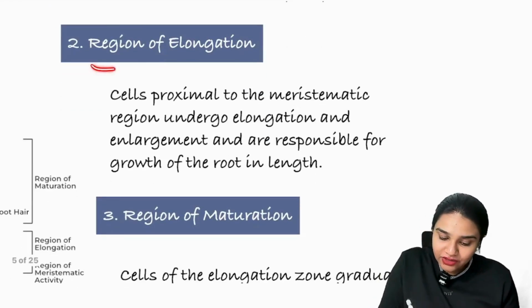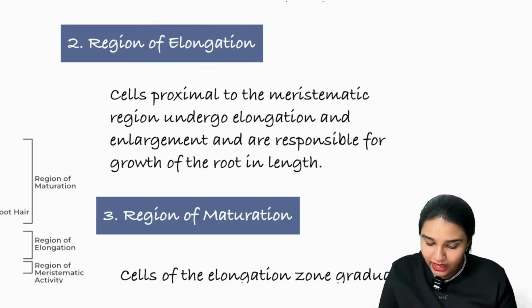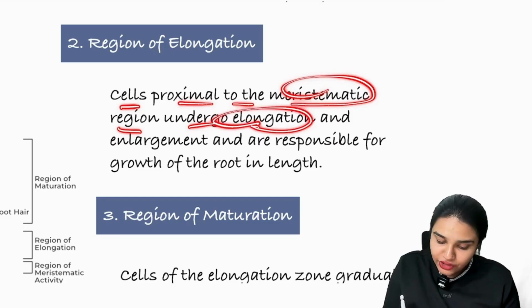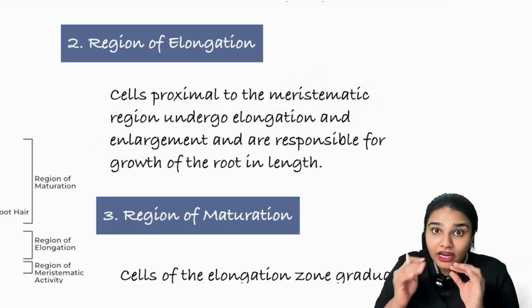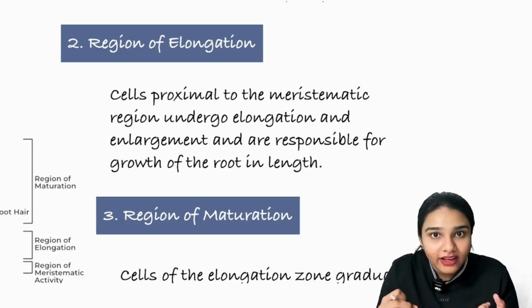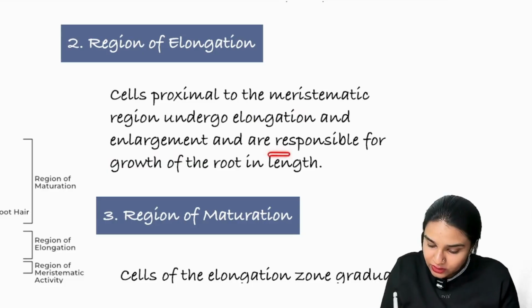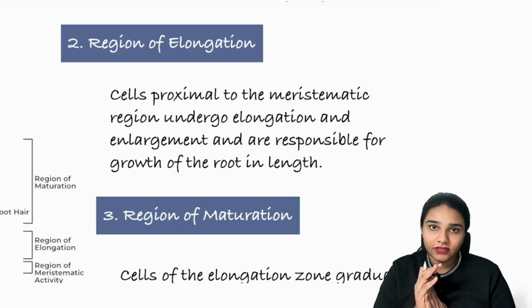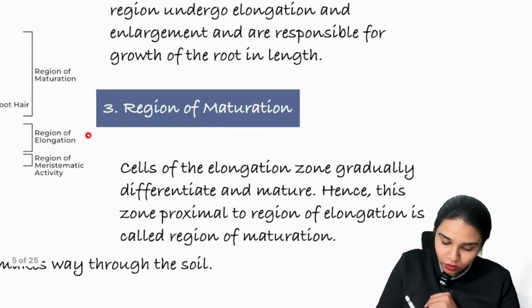Then comes the region of elongation. Cells proximal to the meristematic region undergo elongation as well as enlargement. That means they are growing, and they are responsible for growth in the length of the root. Clear?